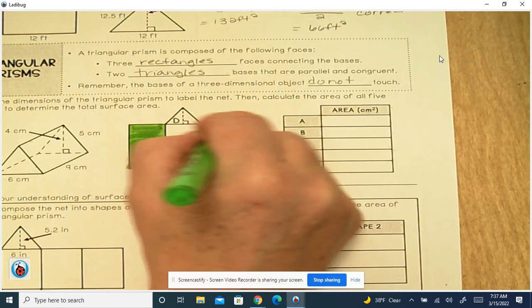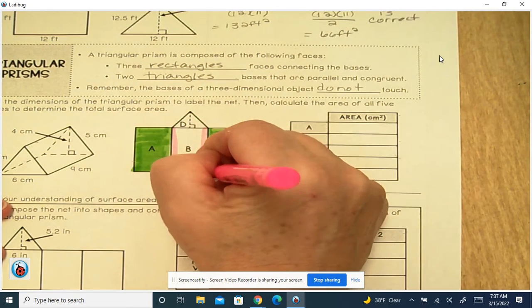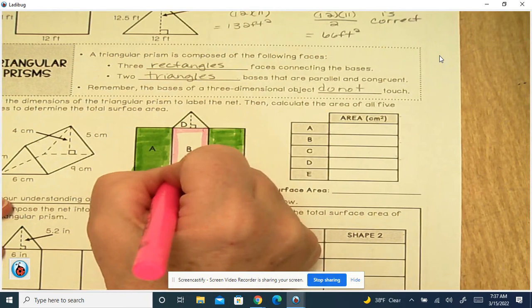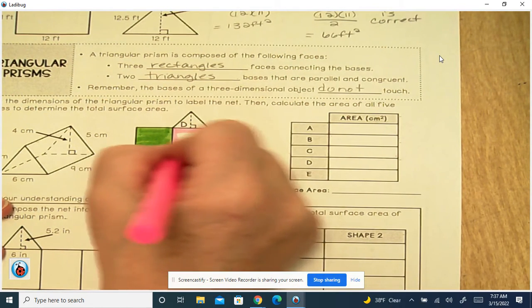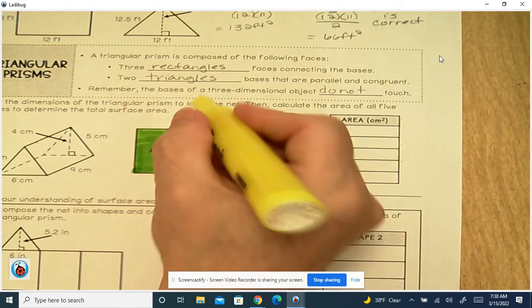Alrighty, so A and C are the same. And then we've got B. And then the 2 triangles will be the same.